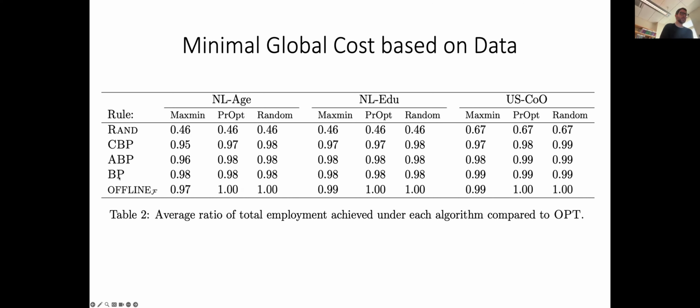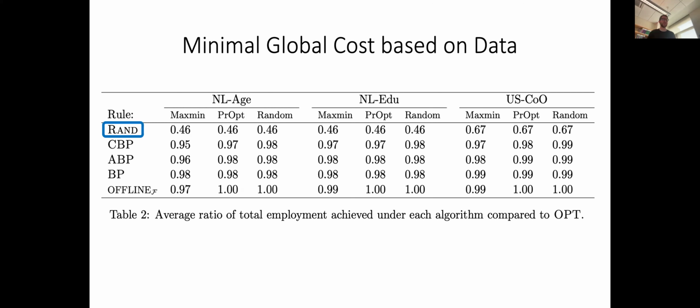The second one is the bid price control that assigns all cases in an online manner, but without incorporating fairness constraints. Then you have the amplified bid price control and the conservative bid price control, the two algorithms I've described. And then you have a random assignment. And again, all of these numbers are the ratio of the global employment, the combined average employment of all cases, relative to what the offline optimum achieves.